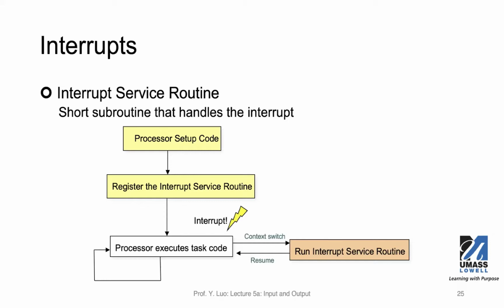Say your current temperature exceeds the threshold, so it's beyond the safety requirement, and that's a dangerous signal. So that could be another type of interrupt.